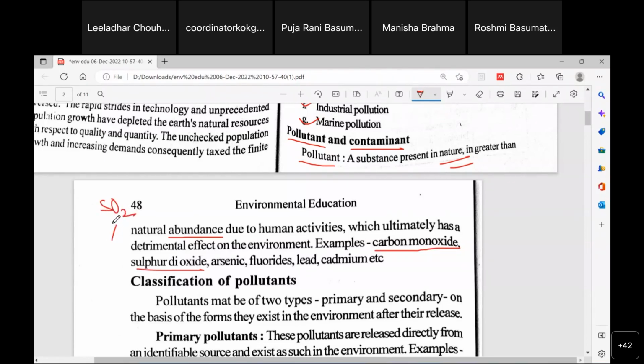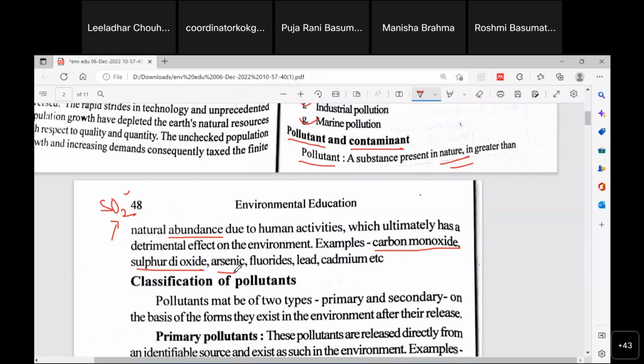If you burn fossil fuels like petroleum, coal, etc., sulfur dioxide originates from there. What happens is that this sulfur dioxide goes into our atmosphere, then it mixes with water and ultimately it leads to acid rain. So that is an example of a pollutant.